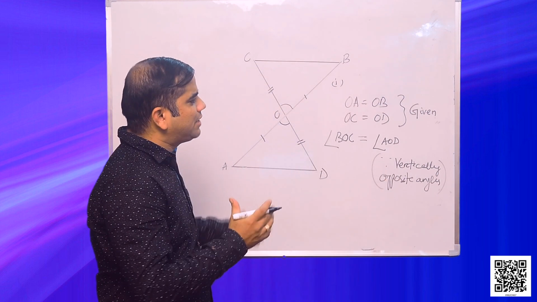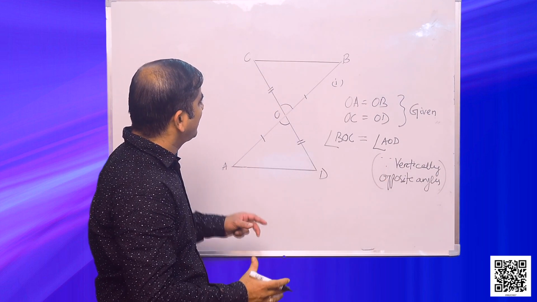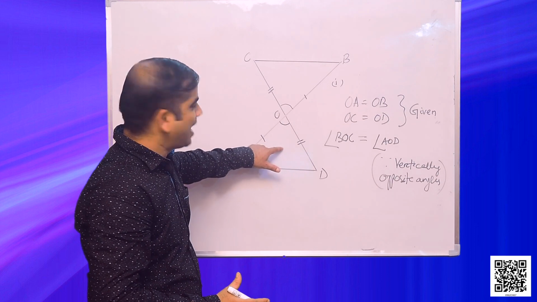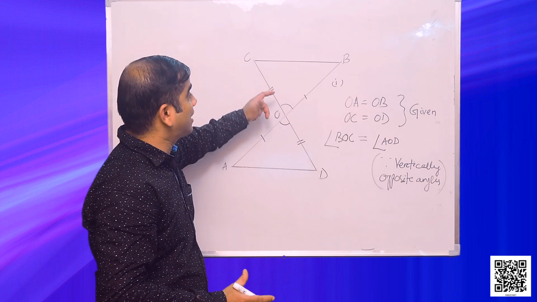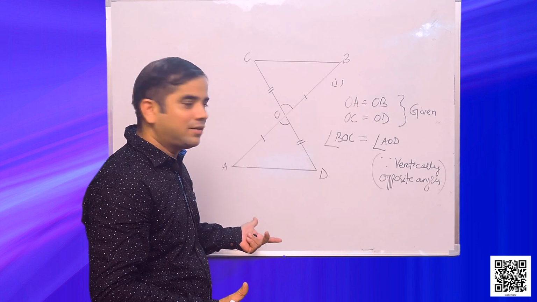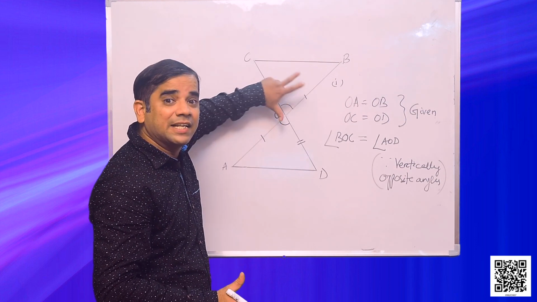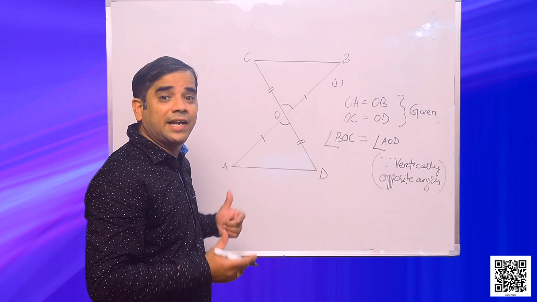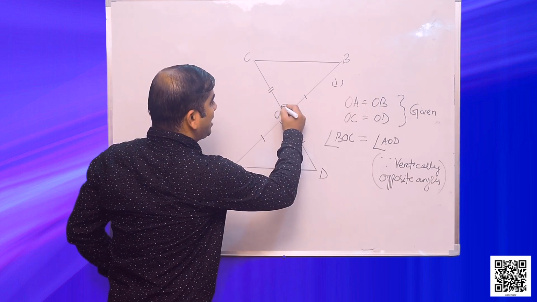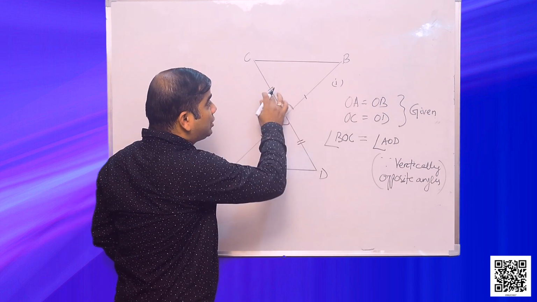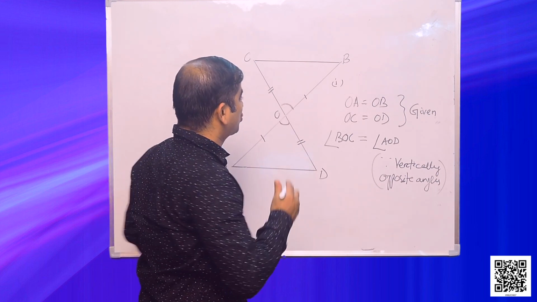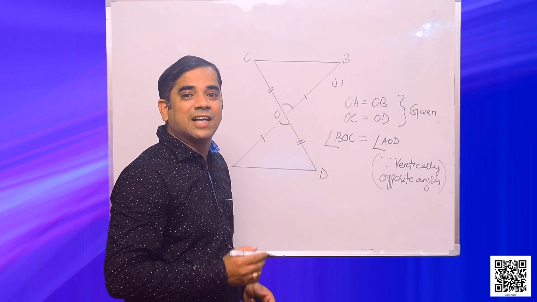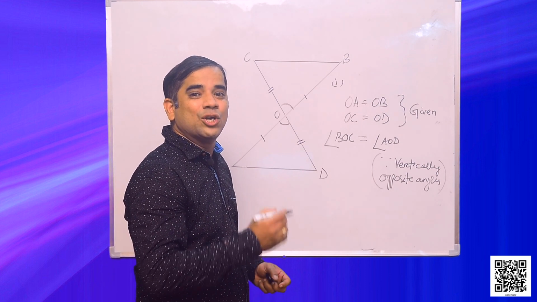So, what we have found here is that these two triangles have two sides which are corresponding and equal, and another pair of sides which are also corresponding and equal, and the included angle between these two sides is equal as well. So, they are following the SAS congruence rule.